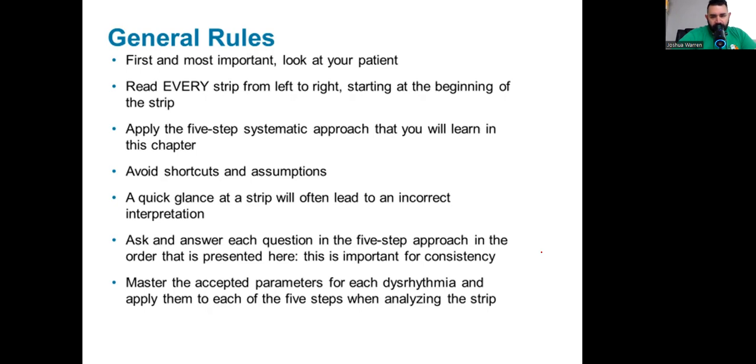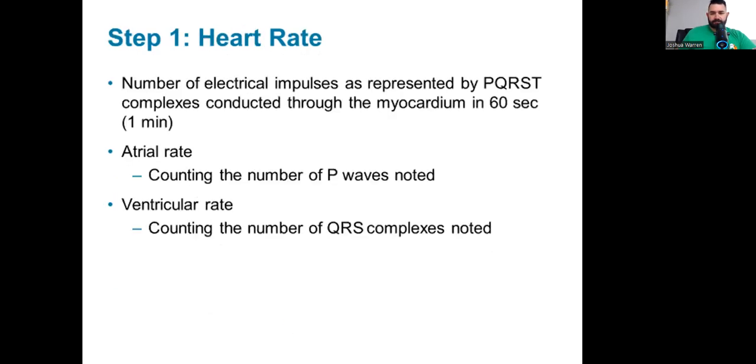Sound good? Love it. Now, evaluating the heart rate. That is the number of electrical impulses represented by the PQRST, PQRST, PQRST. So, in 1 minute, we're seeing what the rate is. You have an atrial rate and a ventricular rate.